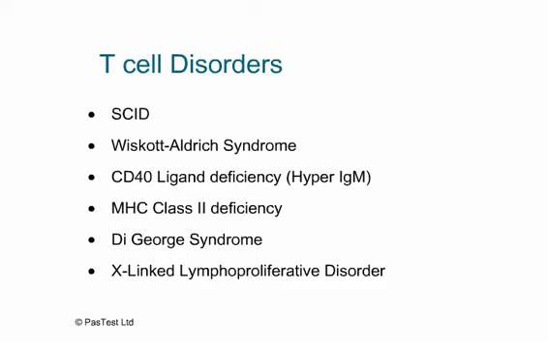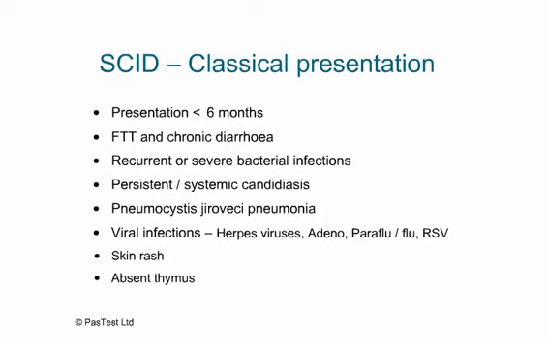Okay, so the classical presentation of SCID is a scrawny baby who's obviously finding it difficult to put on weight, usually presenting any time up to the age of 6 months. They may or may not have had severe recurrent bacterial infections.